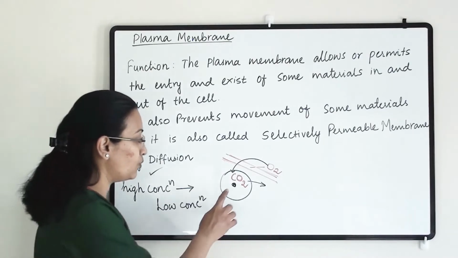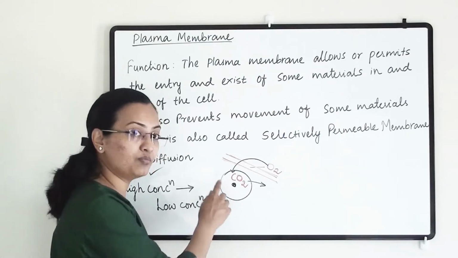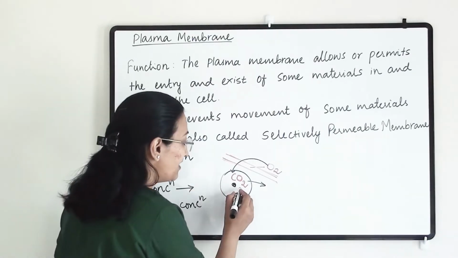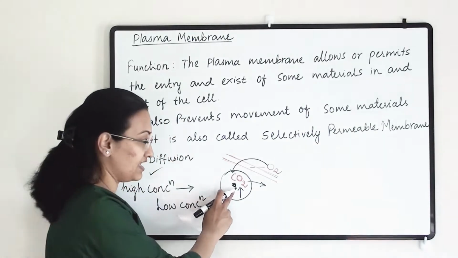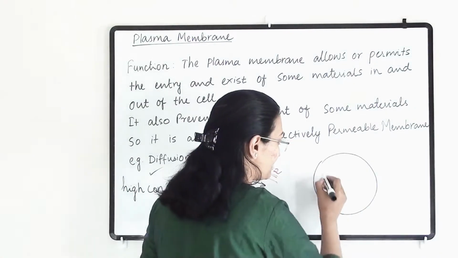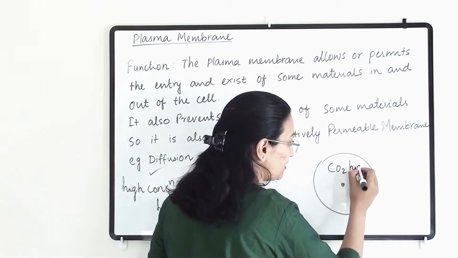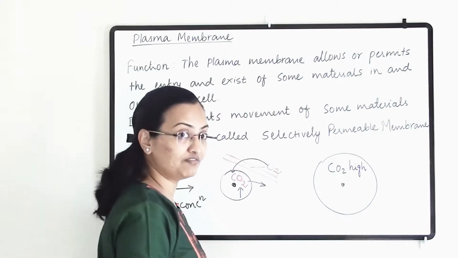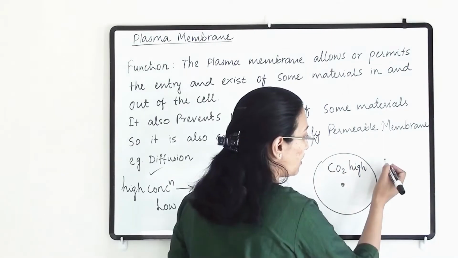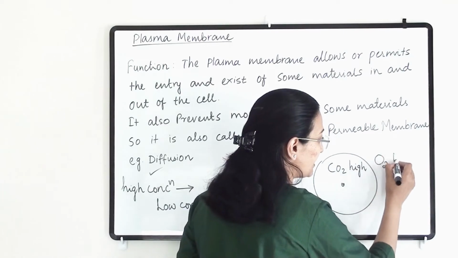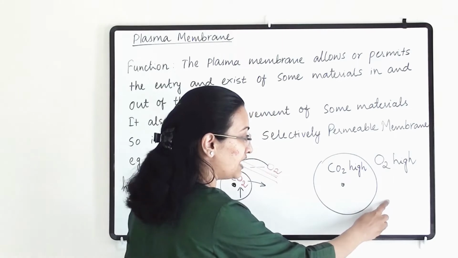For example, when the cell is performing certain activities, its carbon dioxide level will rise up. So here the concentration of carbon dioxide is high. Within the cell, the carbon dioxide concentration is high because it is performing certain activities and this waste is accumulated inside the cell. Outside, the oxygen level is high because the fresh oxygenated blood is flowing through the arteries.